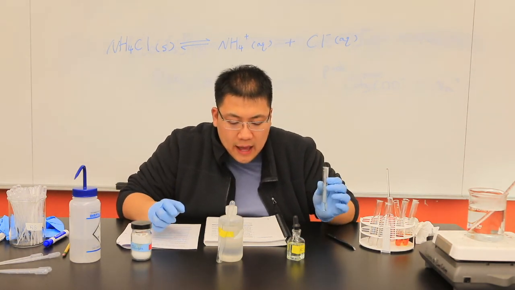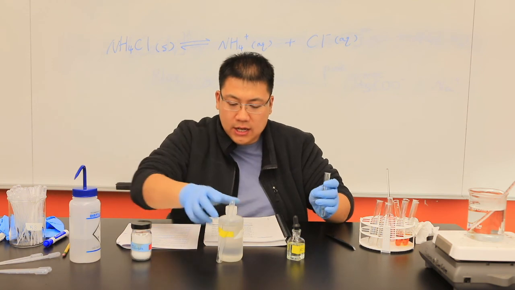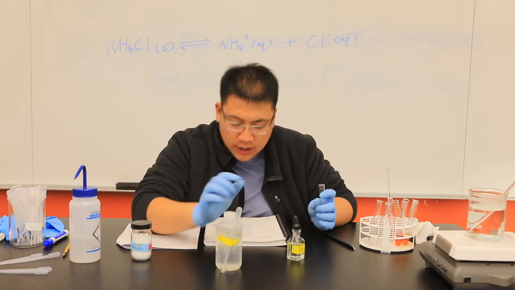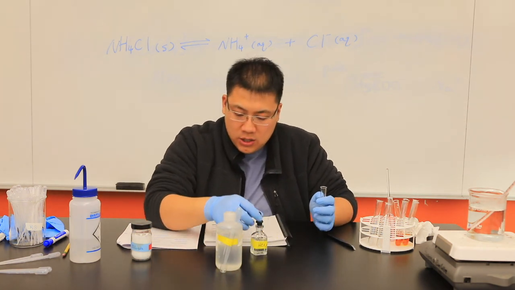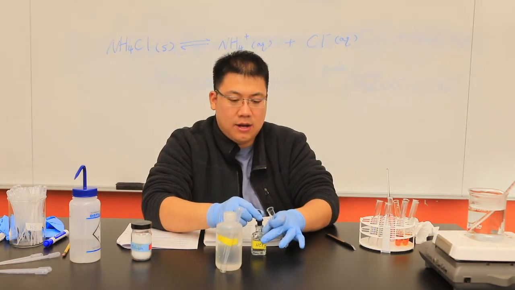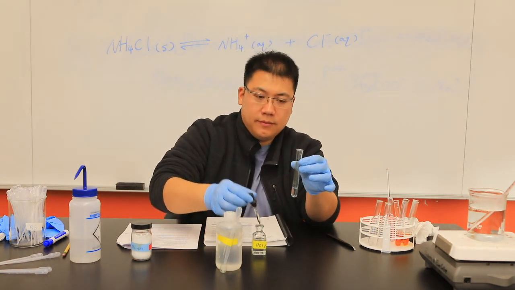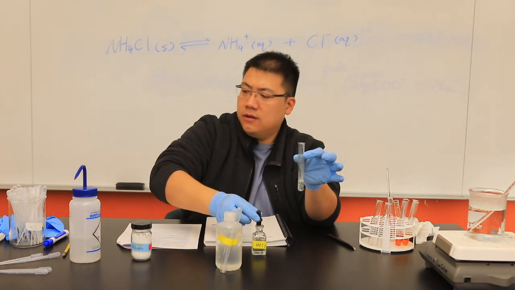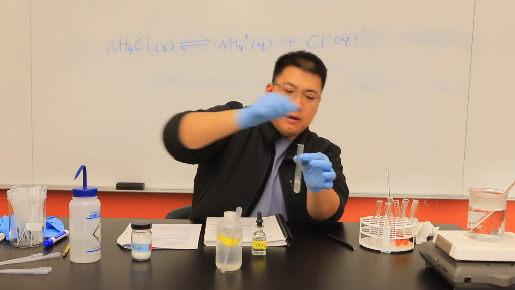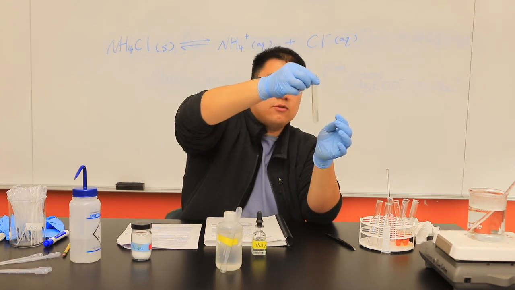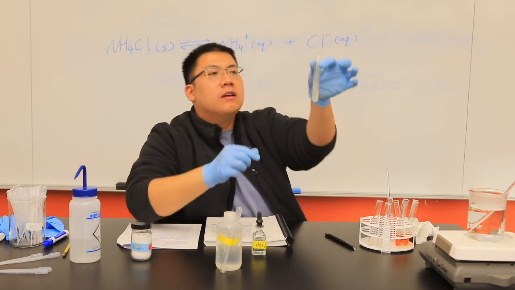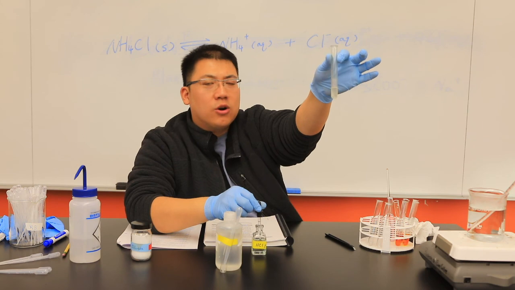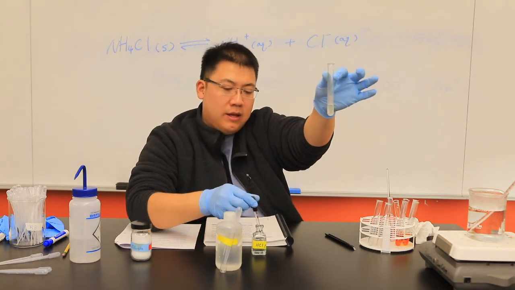So I'm going to add 1 drop of concentrated HCl to the test tube while stirring and continue adding more until I see a change. Okay. Not sure if you guys can see it well.